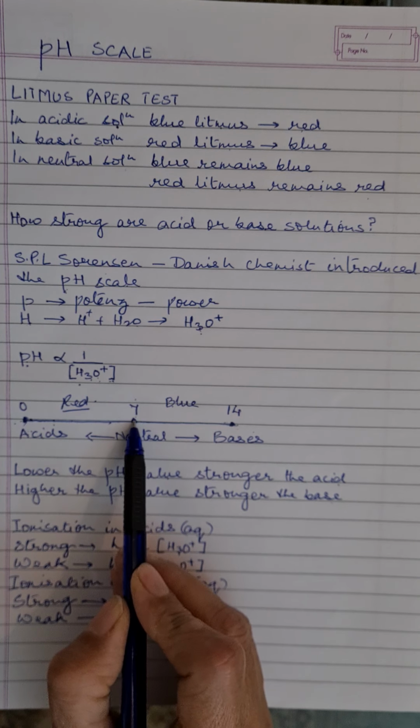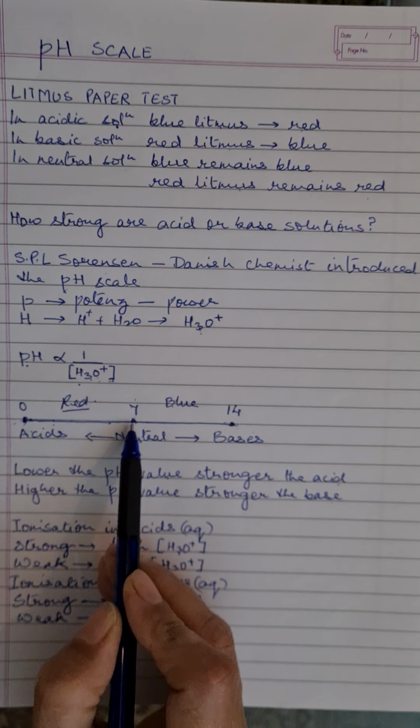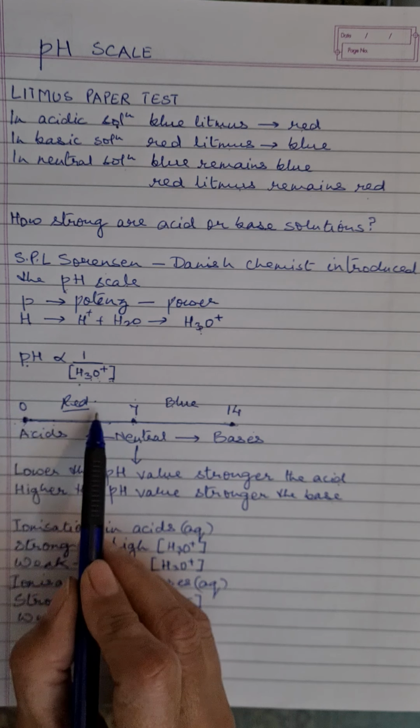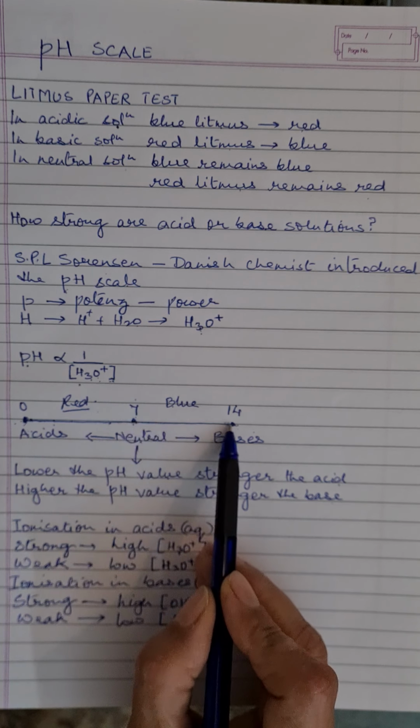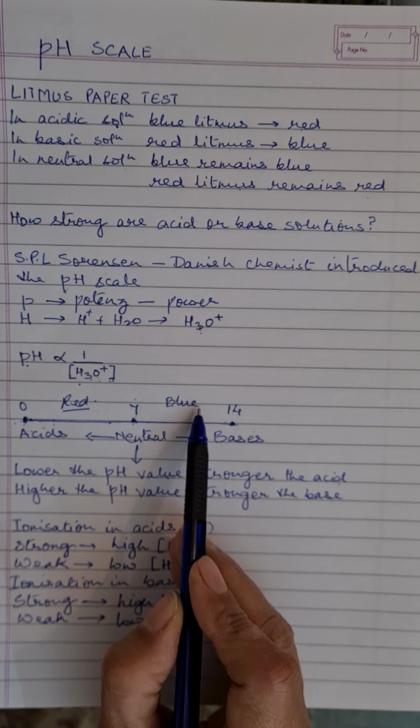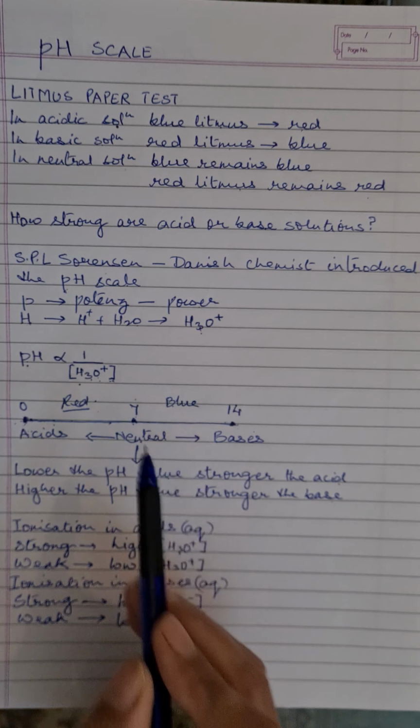The colors from 0 to 7 range in various shades of red, whereas from 7 to 14, they range in various shades of blue.